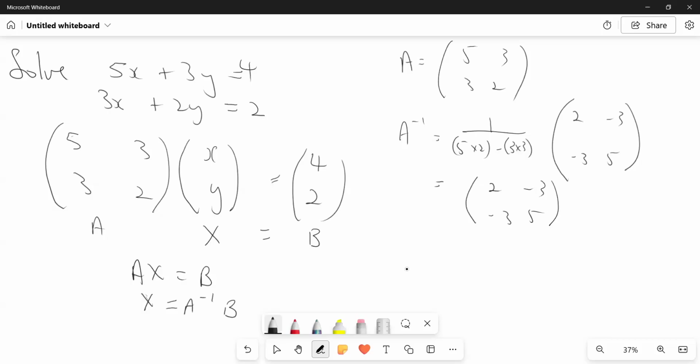So according to this here, remember we said X equal A inverse times B, so XY is equal to A inverse, which is this, 2, minus 3, minus 3, 5, times B, which is 4, 2.